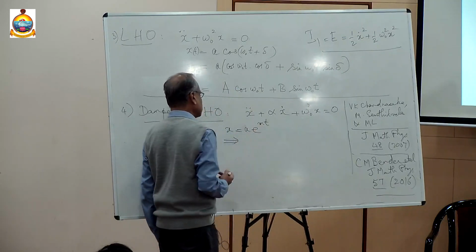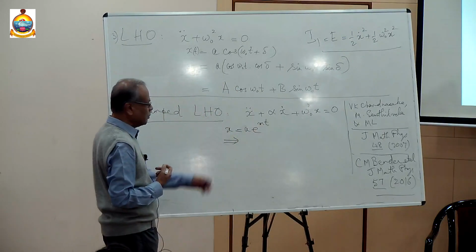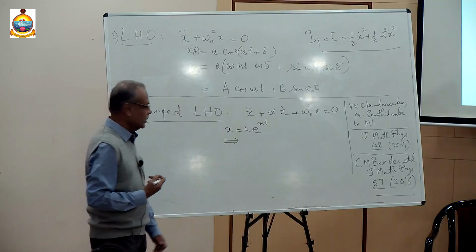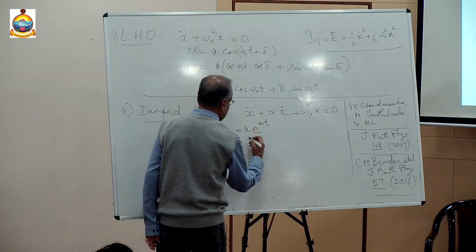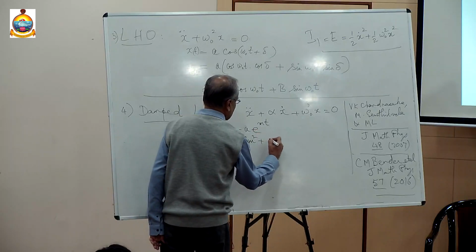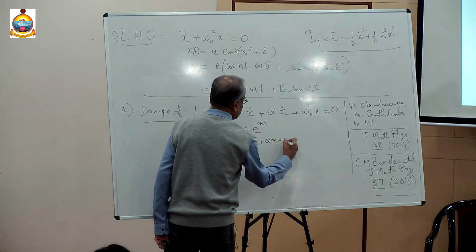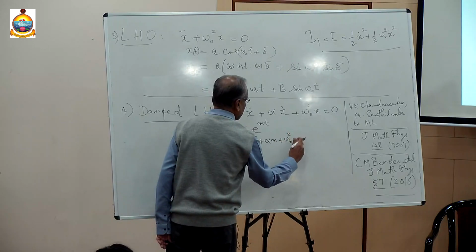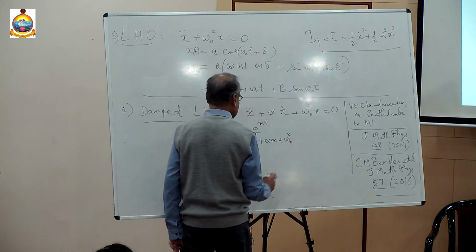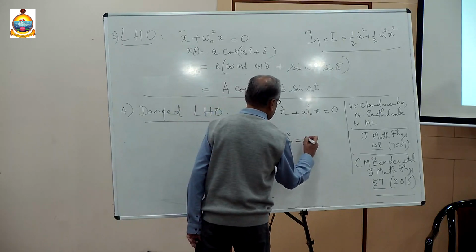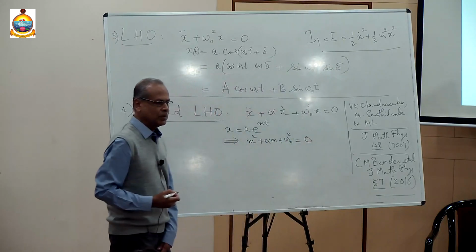A is an arbitrary constant, a e power mt. Try to find the possible values of m. So you get the so-called indicial equation: m square plus alpha m plus omega naught square, equal to 0, into e power mt. A is in general non-vanishing, so this factor will be 0.